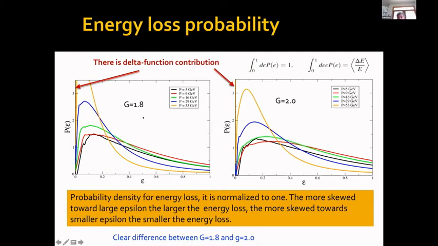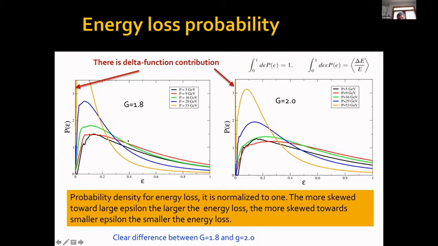That would be equivalent for energy loss to Dirichlet evolution, in-medium Dirichlet evolution, for example. And what is shown here is the probability for 5, 9, 16, 29, and 53 GeV quarks. The way in which you read those figures is the following. A broader distribution, which is skewed more toward larger values of epsilon, would correspond to large energy loss.